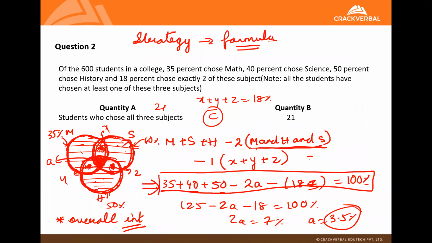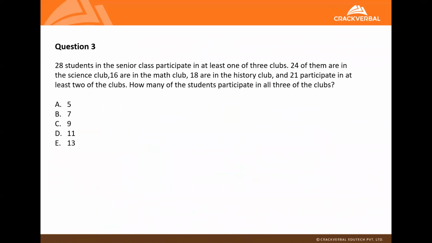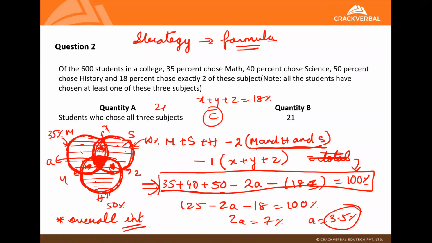That would obviously be equal to your total, and that total, remember, in a percentage graph will always be 100%. Okay with this, guys? So that's one takeaway from this question. Multiple ways of working, but the easier way would be to think about it in terms of area.